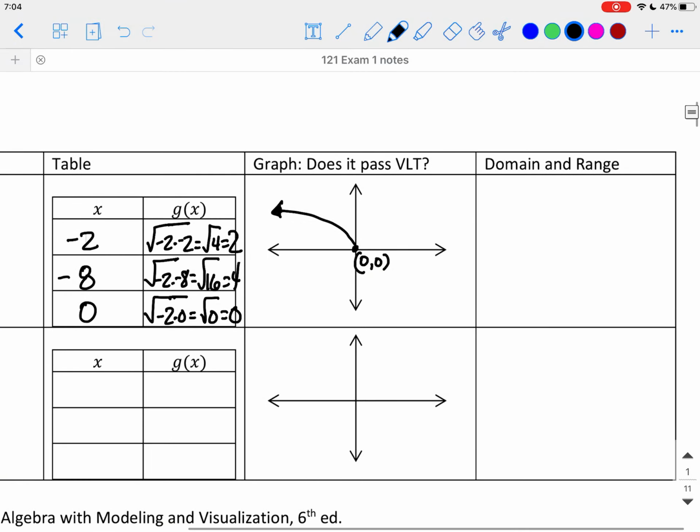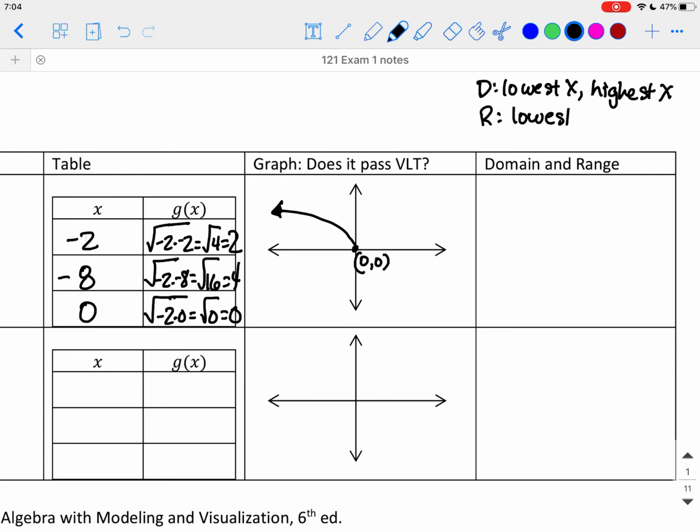Now, my domain, I'm going to put it up here, is lowest x, comma, highest x. And my range, so I do D for domain, R for range, is going to be my lowest y, comma, highest y. All right.